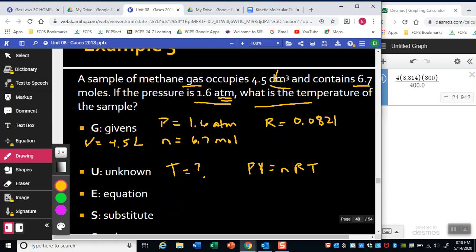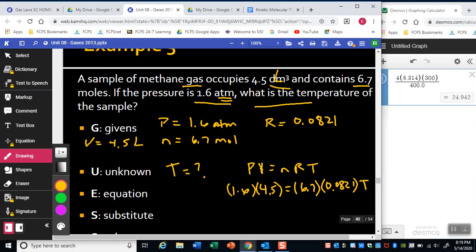And then I'm going to substitute. P is 1.6. Volume is 4.5. Number of moles, 6.7. R is 0.0821. And the temperature is what I'm trying to find.